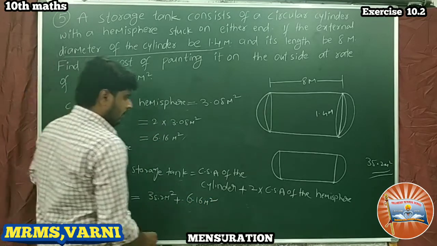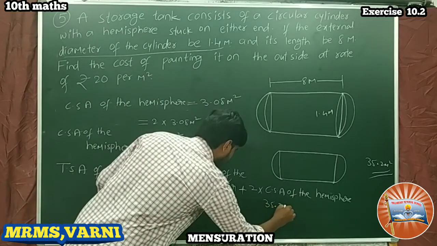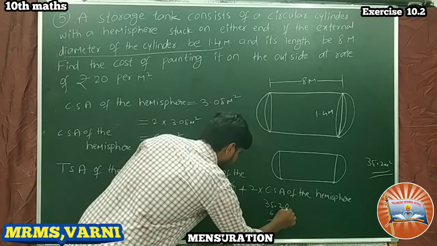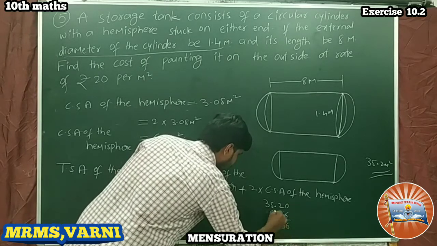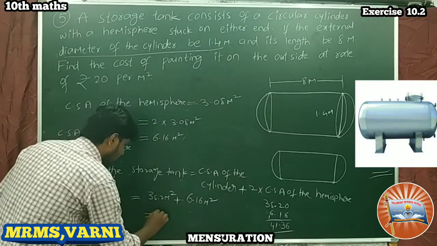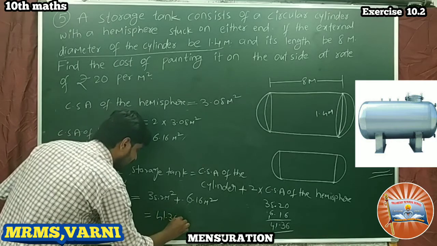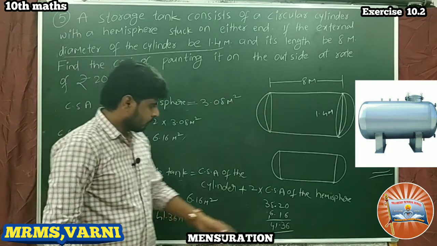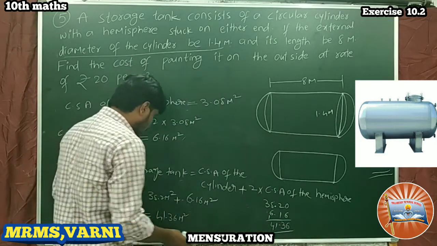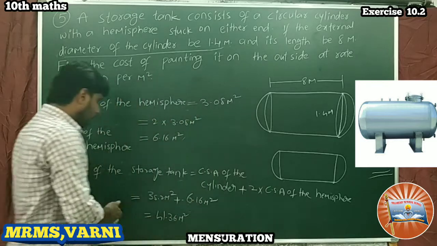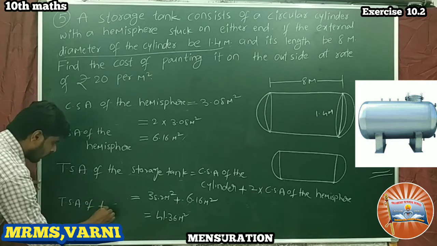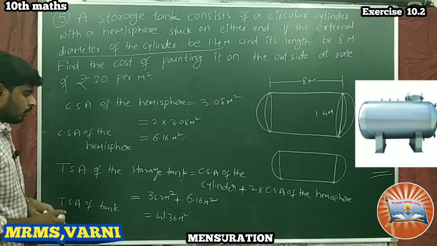So take the addition here, 35.2 plus 6.16, here it is 6, 3, 11, 1 carry, 4, so 41.36 meter square, is it correct? So 41.36 meter square is the total surface area of the tank, okay.